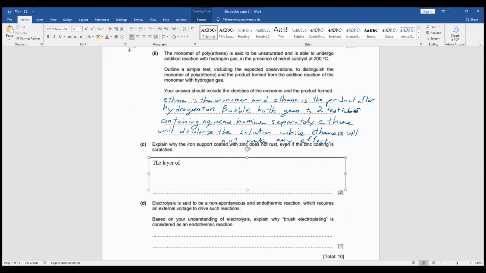The layer of zinc protects. Maybe you should say isolate, or buffer, prevent, shield, prevent the iron support from coming into contact with oxygen and water.